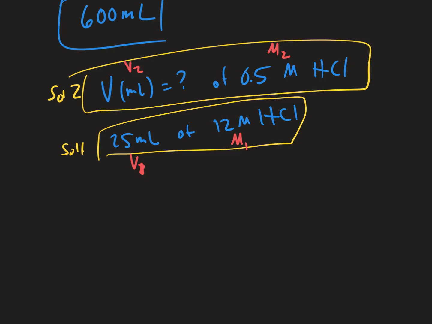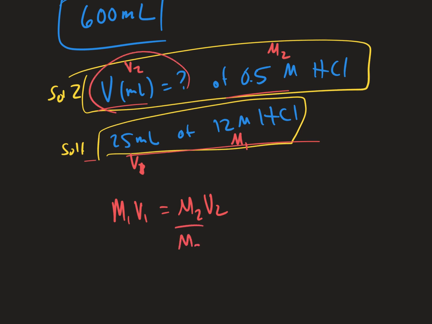And so we're looking for V2, right? Are we looking for how much water we're adding? We're not. We're just saying we're adding water to this, so how much of this are we going to make? So M1 V1 equals M2 V2, and we're solving for V2. Divide M2 to both sides.